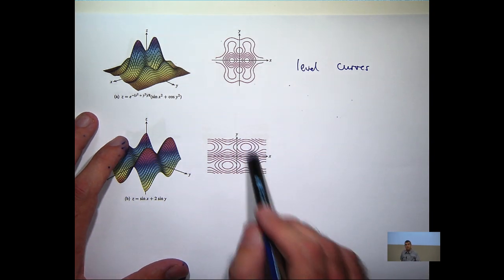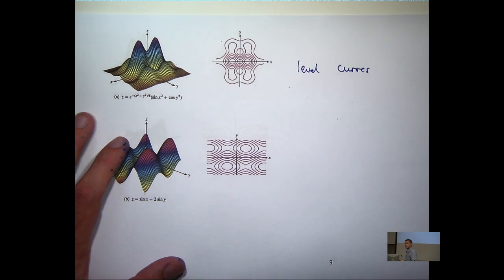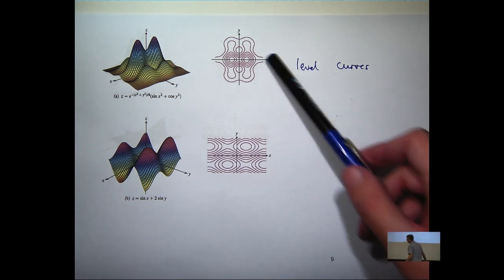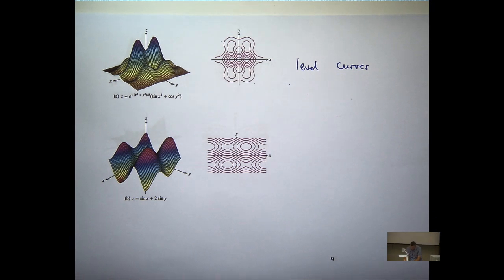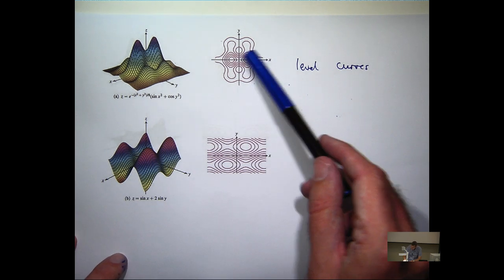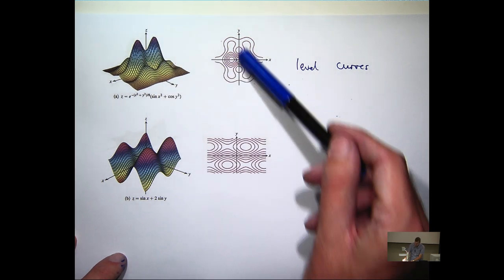Can anybody tell me, or remember from last year, what does it mean when all the level curves are close together? Yeah. So one way to interpret having these level curves close together is that the surface is either increasing quickly or decreasing quickly in some sense. Again, try to look for patterns between these peaks and these circles. These peaks here would refer to here, and the little ones around it.